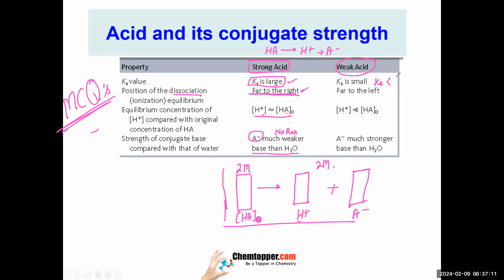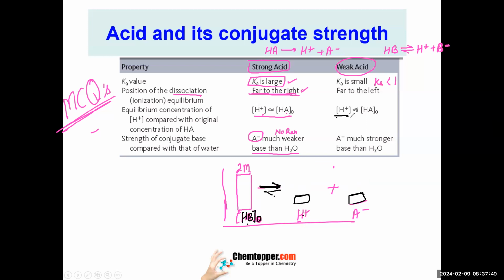Now, for the weak acid, Ka is smaller than 1. If this is the weak acid HB, then there is an equilibrium, H plus and B minus. Initially, if this is HB, do you think H plus will be the same as HB? No, it will be smaller in amount. This is the dissociation of your weak acid, right?